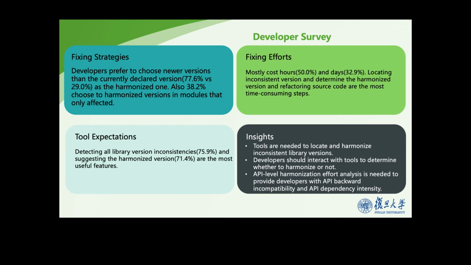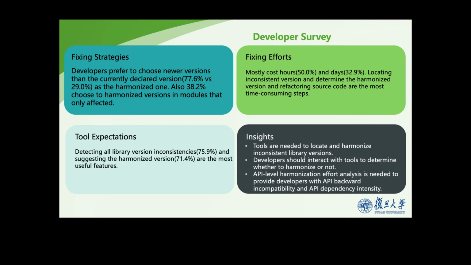When asked about what developers expect of the tool, they believe that detecting all library version inconsistencies and suggesting the harmonized version are the most useful features. The above-mentioned developer responses give us insights on what tools are needed to locate and harmonize inconsistent library versions.